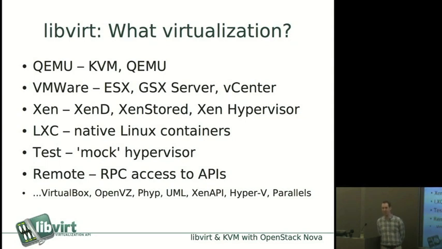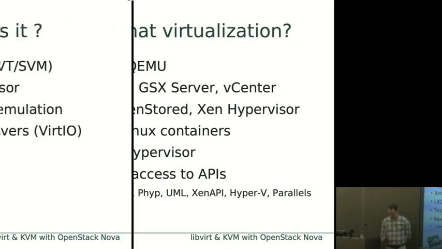And then, as mentioned a few minutes ago, we've got a generic remote access driver, which allows you to control all the Libvirt APIs from a remote host. I list a few more down the bottom: VirtualBox, OpenVZ, Parallels. Those are all in various stages of usefulness, but the ones listed here are the best maintained parts of the Libvirt code.